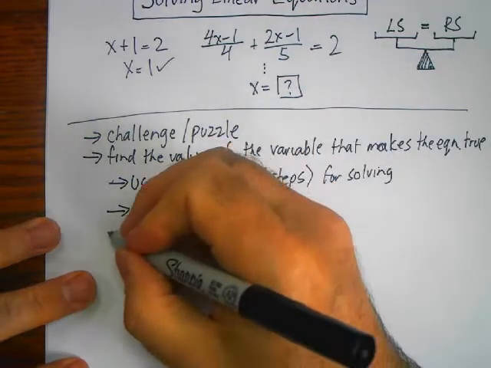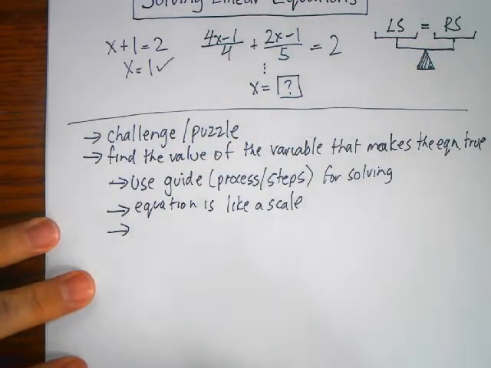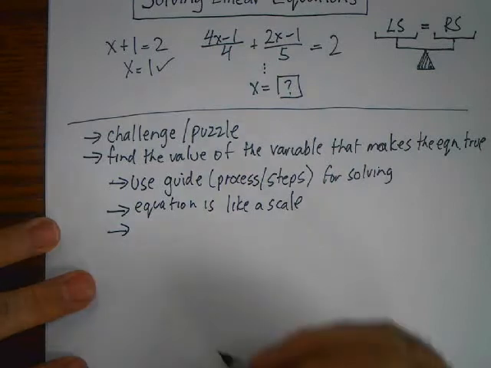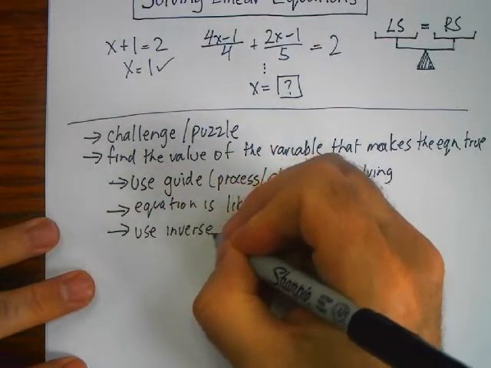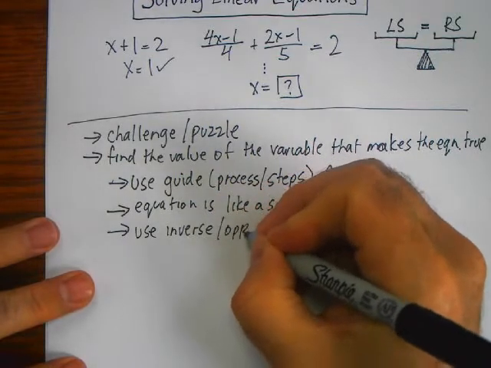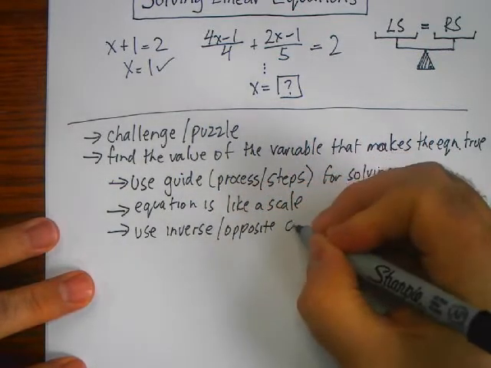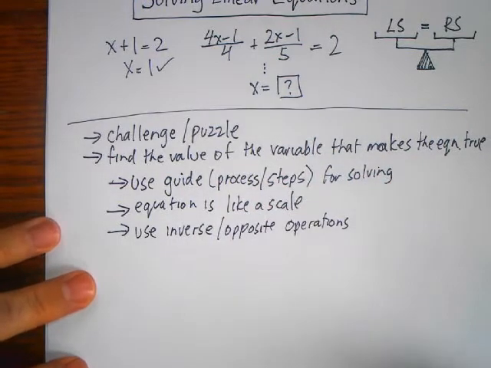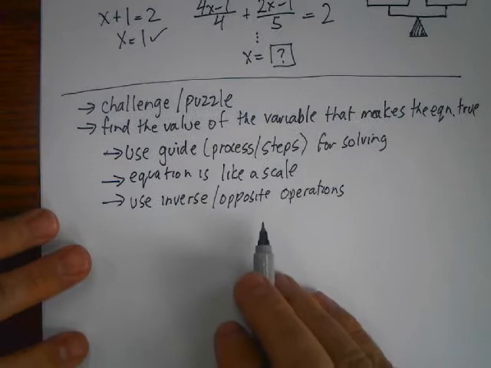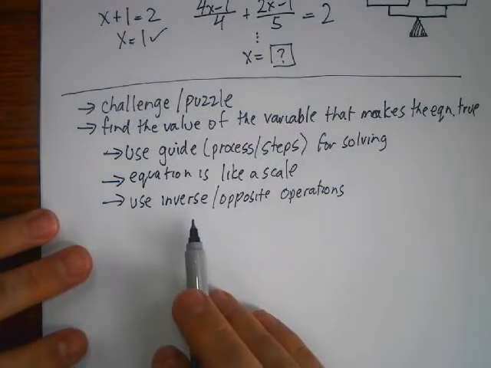And the last thing I'm going to put here for our strategy is we're going to use inverse or opposite operations. And we'll see a lot of this, but basically what this means is if I want to get rid of a plus 2 on one side, I'm going to do the opposite of adding 2, which will be subtract 2.